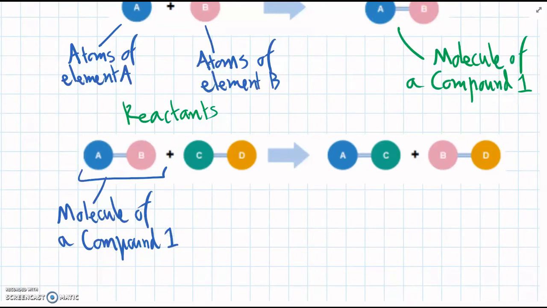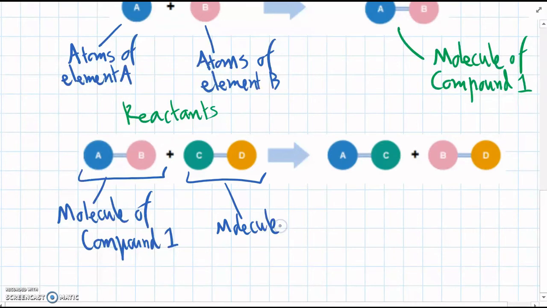So that's a molecule of compound 1. And then we're adding that to another molecule of compound 2. And we can see this is made up of two different atoms again. It's made up of a C and a D atom.